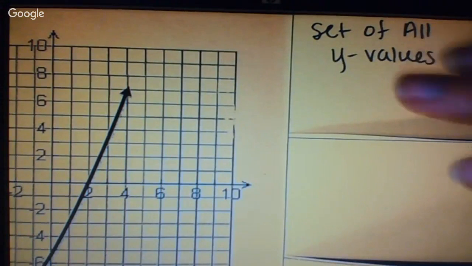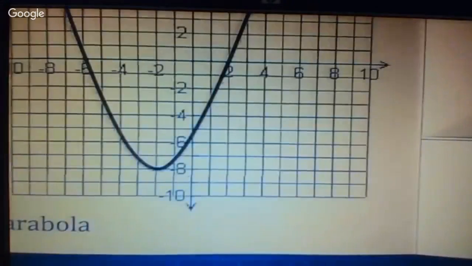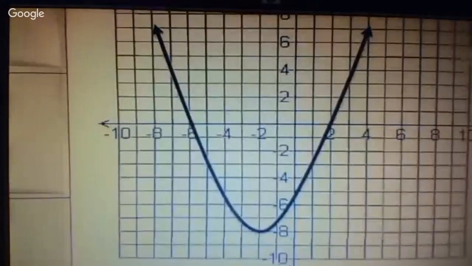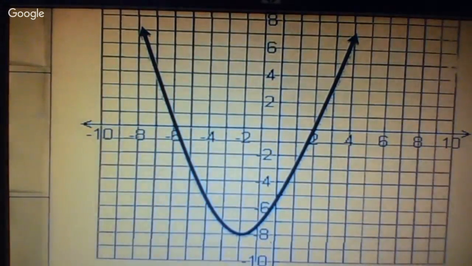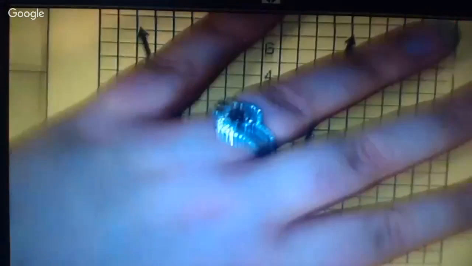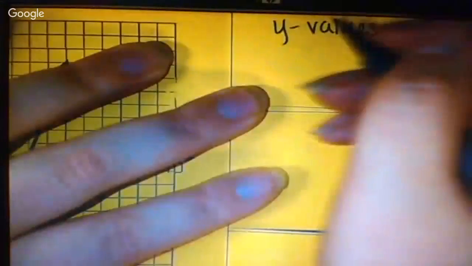So again, if I go back to this graph, the left-hand side of your range should always be how far it goes down. How far does my graph go down? -8. There is a stopping point here. So it only goes down as far as -8.